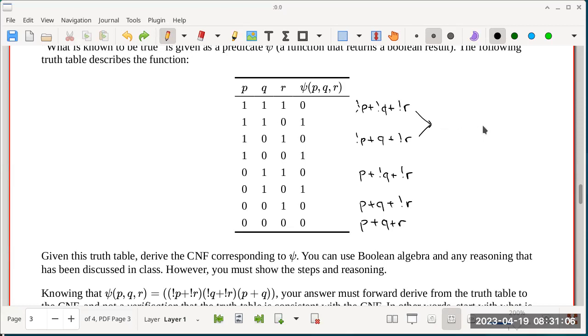I want to explain it using Boolean algebra. It's still the same Boolean algebra that we're using, but I was grouping the terms incorrectly.